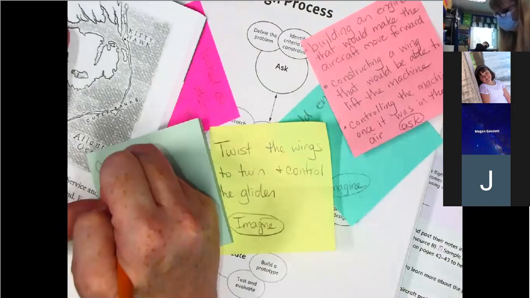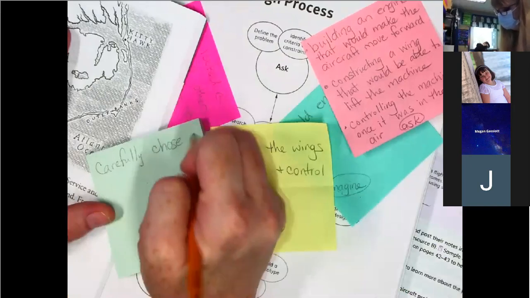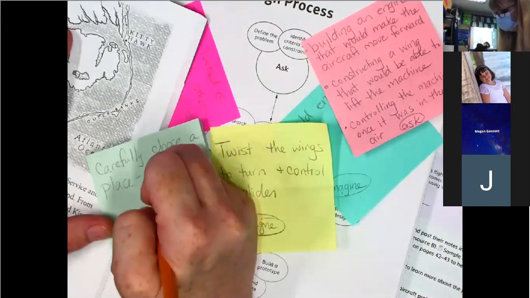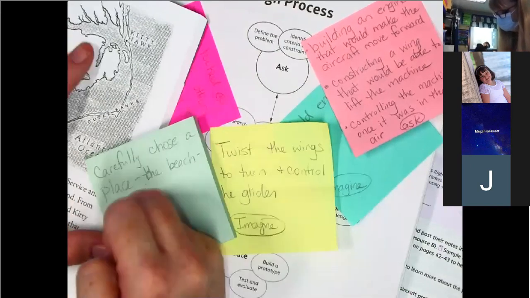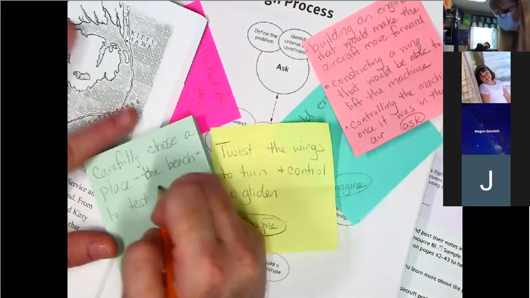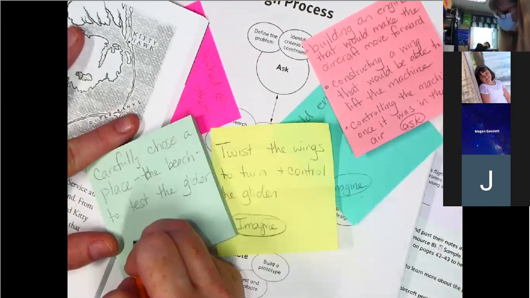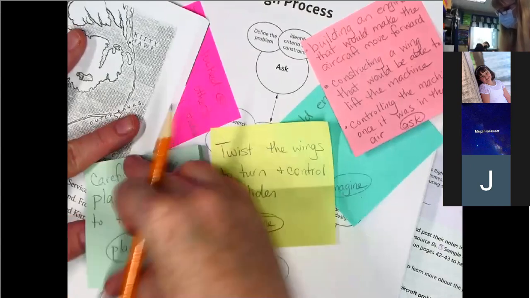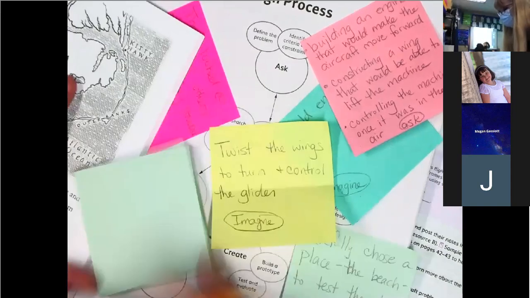They carefully chose a place to test their glider. And what was that place? The beach. That's a good spot, but now, no. They used to not be crowded. If you go to any beach now, it's crowded. Okay, so this is going to go beside the plan step.